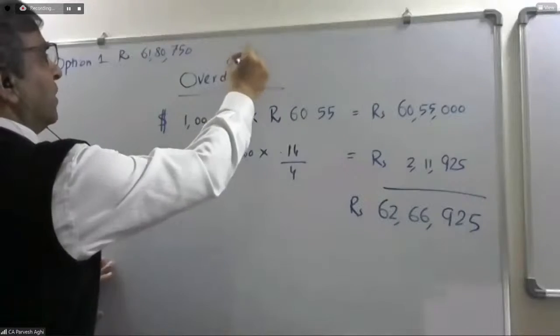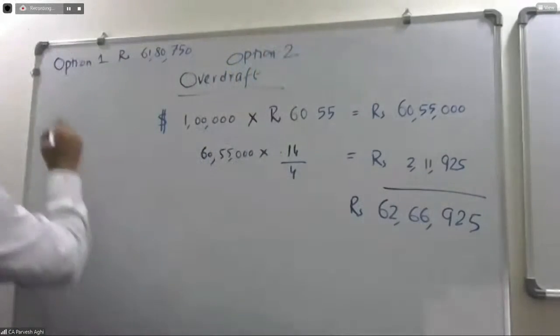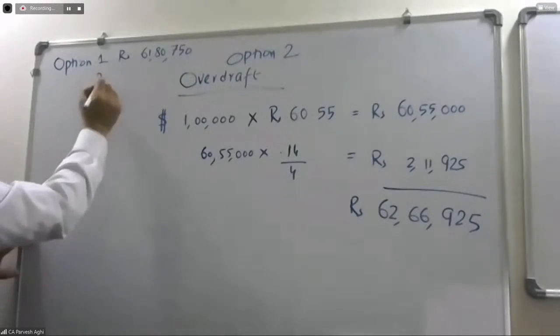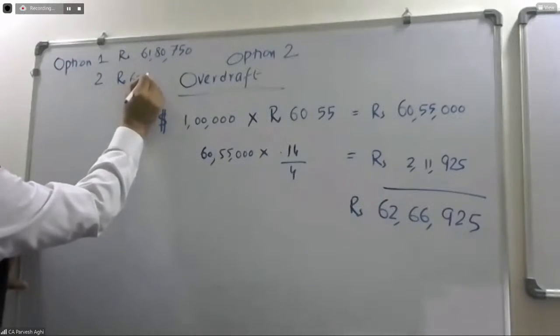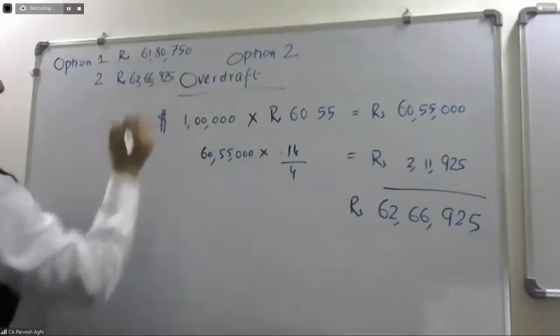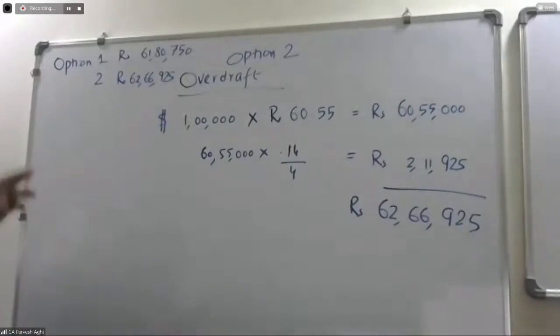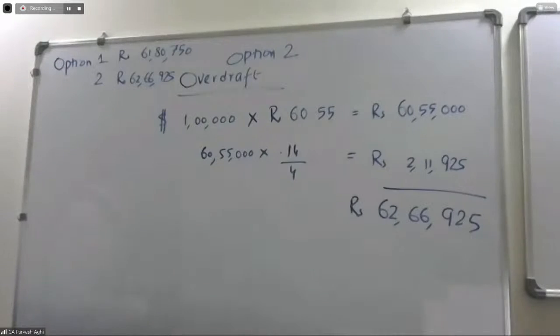Now I write it here: option number 2, 62,66,925. If you find, option number 2 is more costly compared to option number 1.